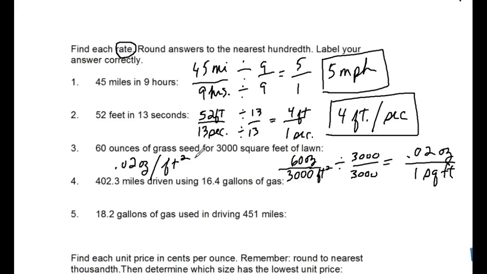Okay, number 4. We don't always have whole number answers when we're getting rates. Our instructions said round to the nearest hundredth if it doesn't come out to be something that's a whole number or already in hundreds. We're going to come out with miles per gallon here. We have miles driven and 16.4 gallons of gas.